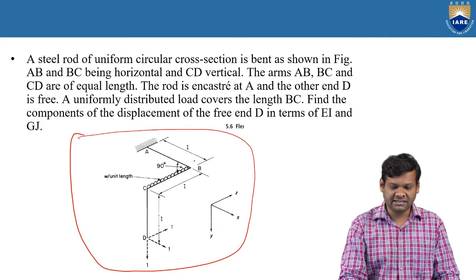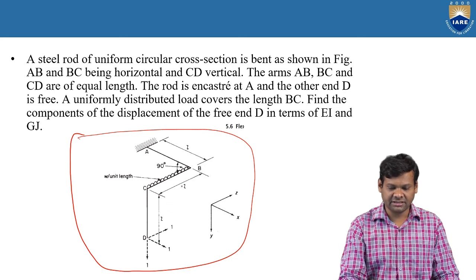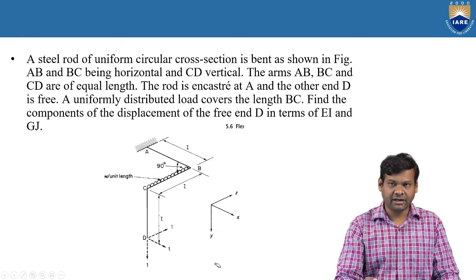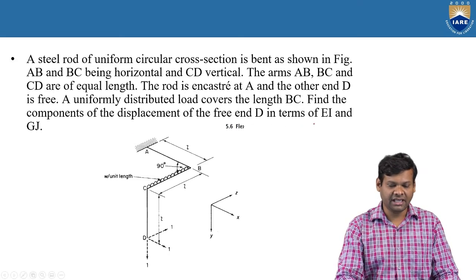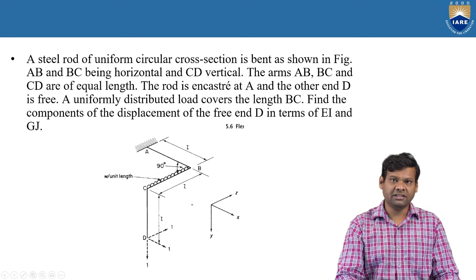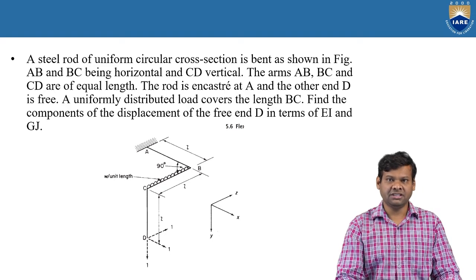From A to B the length is L, and B to C and C to D are also L. At the tip end, we are placing a unit load of magnitude 1 in the direction of X, Y, and Z. From B to C there is a uniformly distributed load, and the angles are 90 degrees. Our main aim is to find the components of displacement at the free end in terms of EI and GJ. I'm not going to completely solve this, but I'm going to give the procedure to solve it.